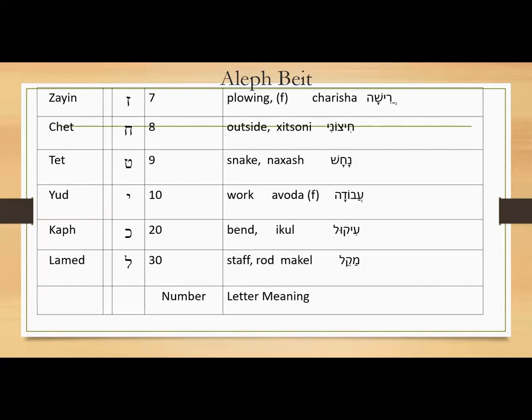Okay, there's the vowel, which is the patach, which means it's slightly shorter than the kamatz, which is longer. So it's not a makel with a long vowel, it's a makel. It's slightly shorter.